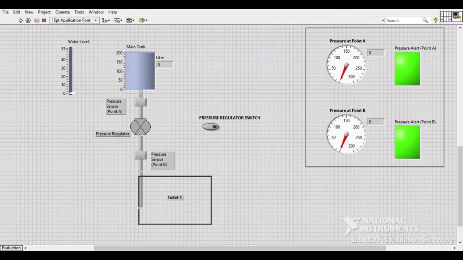The meter at point A, on the right side, indicates the reading of the sensor at point A, while the meter at point B indicates the pressure sensor for point B. When the LED turns red, it means the water pressure is more than or equal to 80 psi, while when it turns green, it is less than 80 psi.